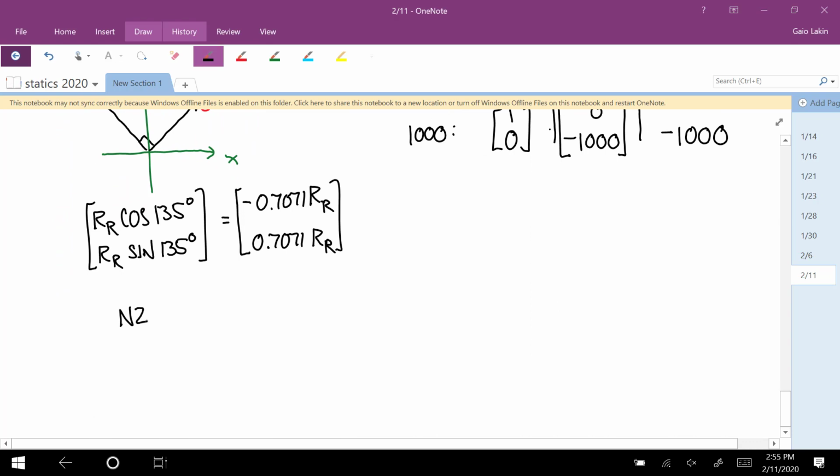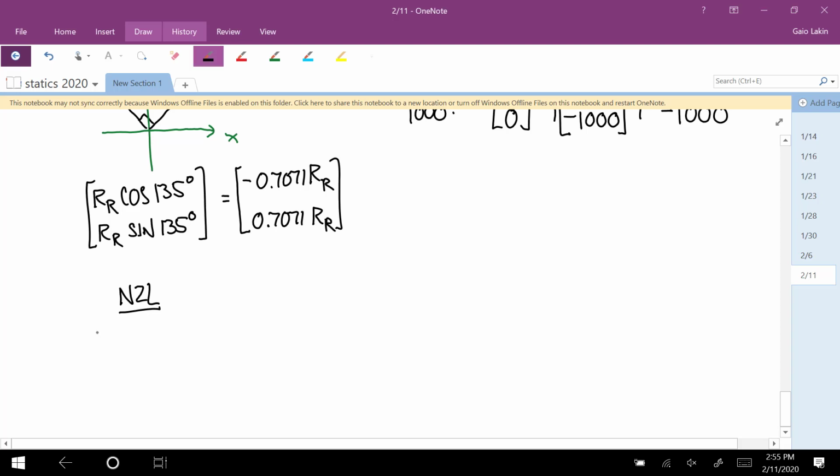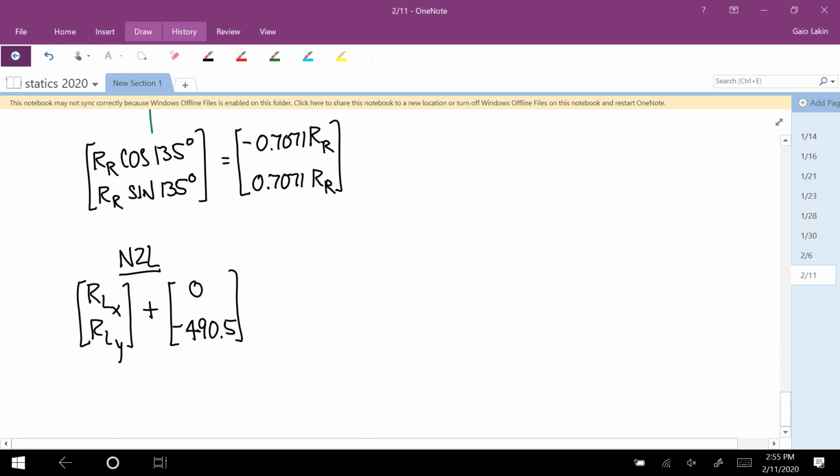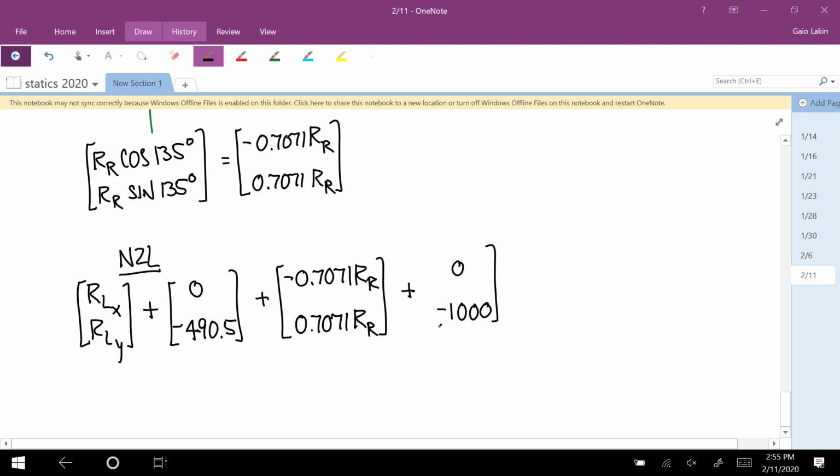So Newton's second law says RLX, RLY plus 0, negative 490.5 plus negative 0.7071 RR, positive 0.7071 RR, plus 0, negative 1,000, is equal to zeros. And you can't solve for anything yet.